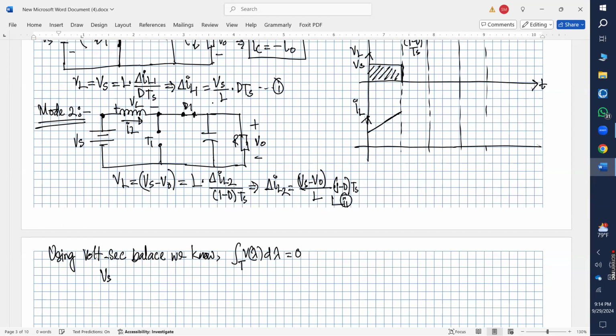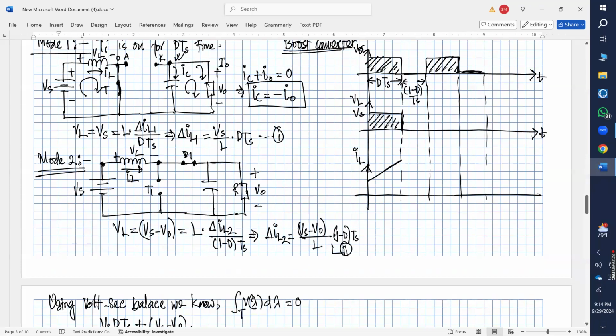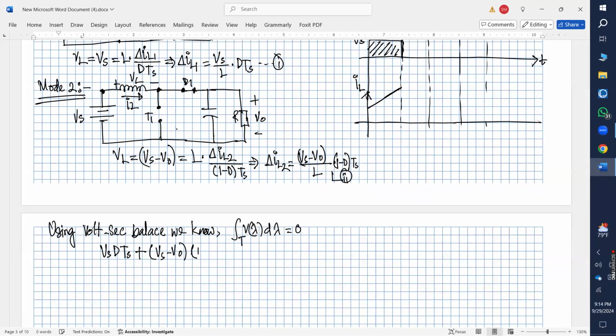This is your VS, and this is happening for D multiplied by TS time, right? And what was the voltage across the inductor during 1 minus D multiplied by TS time? It was VS minus V naught, and this was happening for 1 minus D multiplied by TS time. That should be equal to 0.